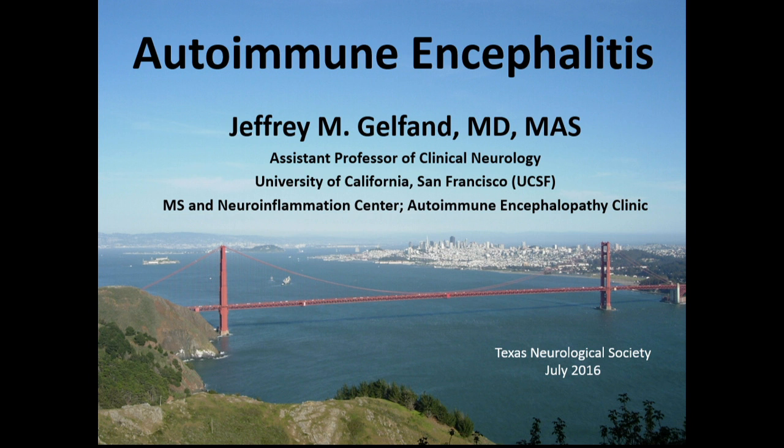And in our computer system, when you send to a mainstream national lab, it'll get flagged as abnormal if you have anything that's even just a blip above normal because it's based on type 1 diabetic norms. But we all recognize that neurological association doesn't happen until you're at 30 to 100 or 1,000 times that titer, even though the computer will come back as saying abnormal. So you have to really look at relative titers. So I think that's going to be something we need to educate the community about as neurologists.